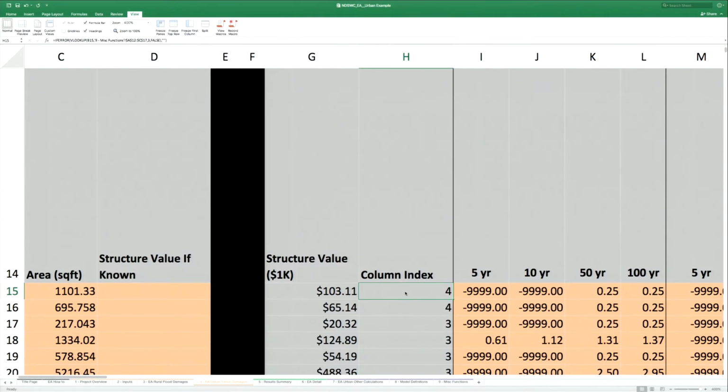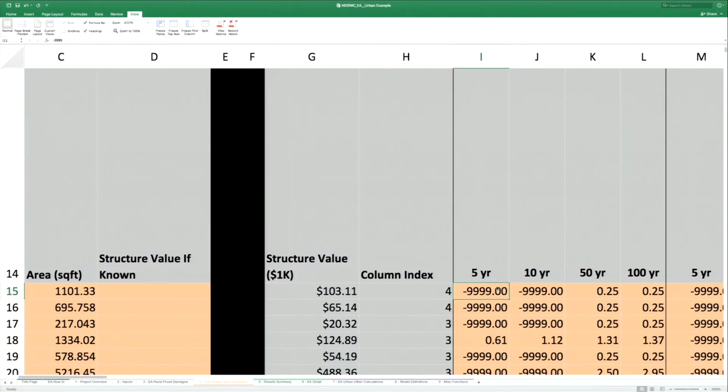So what we need to know is the relative elevation of the structure, or the structure's first floor where the water can get in, relative to the ground and the foundation. So we took the FEMA report, coded those values, and so we provided information on both the structure value and the foundation height. So really all you need to do is give it square footage and a name for the structure.